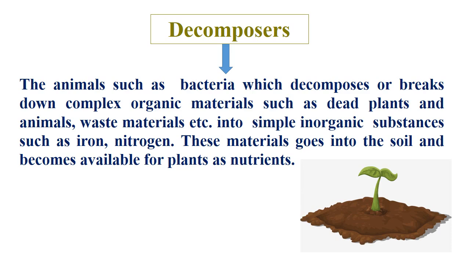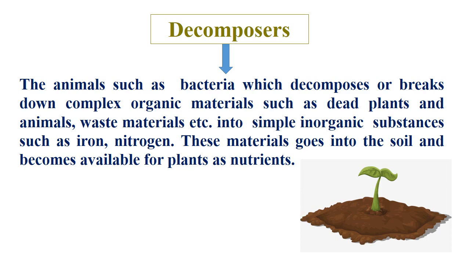So they are breaking down this organic material into simple inorganic substances such as iron and nitrogen, and these inorganic substances mix with the soil day by day. When these inorganic substances like iron and nitrogen are available in the soil, these nutrients are taken by the plants that grow on the soil.